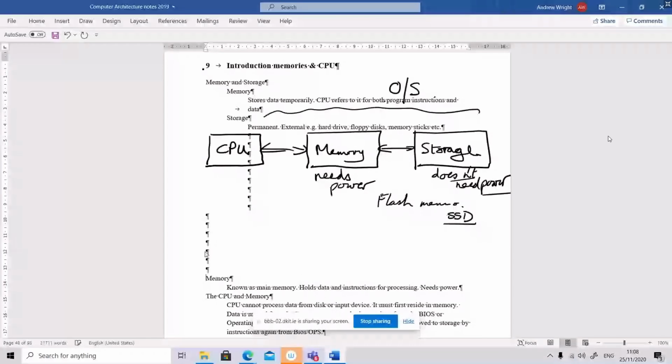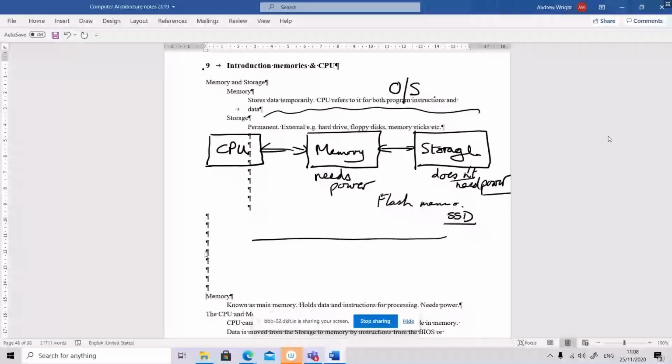So basically, as you go in towards the CPU, memory transfer gets faster, and the size of what they're transferring gets smaller.